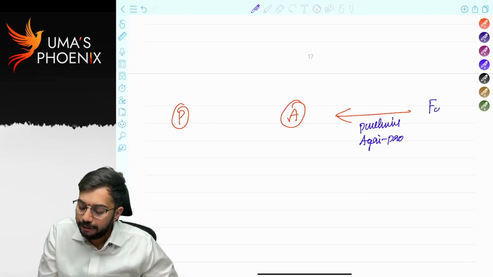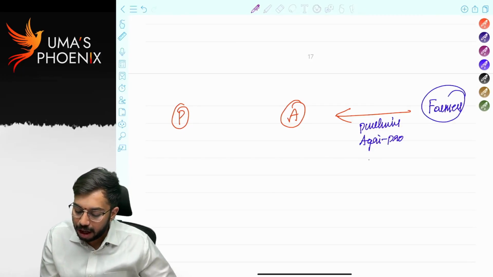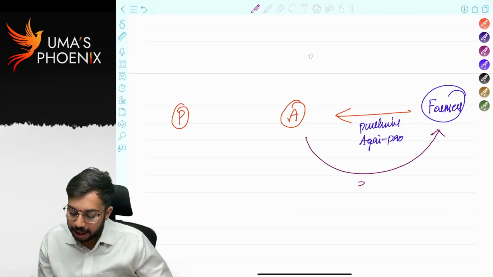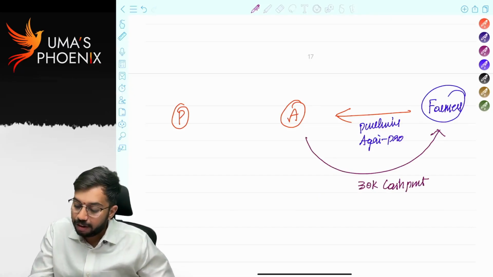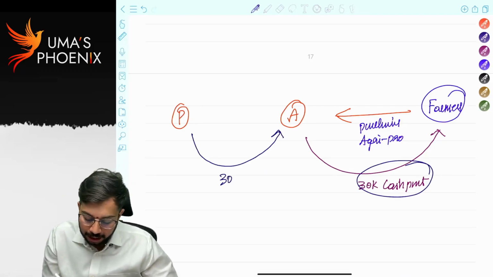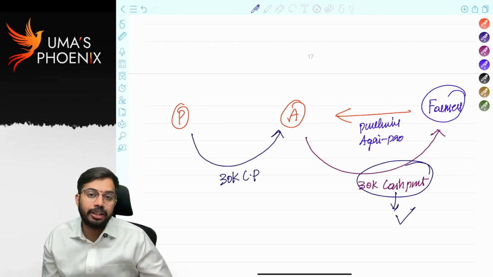From whom? From farmers only agricultural products are being purchased. Now, for agricultural products purpose, agent has to make 30,000 cash payment. For this purpose, principal gave agent 30,000 cash payment. For agent, this is allowed as deduction.